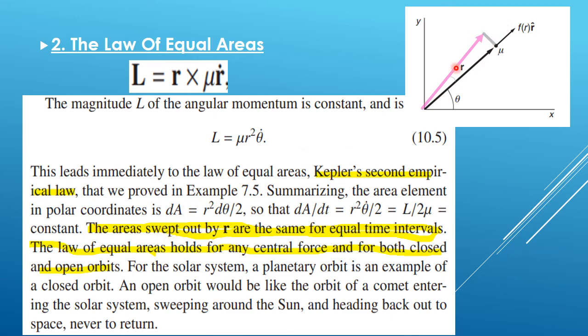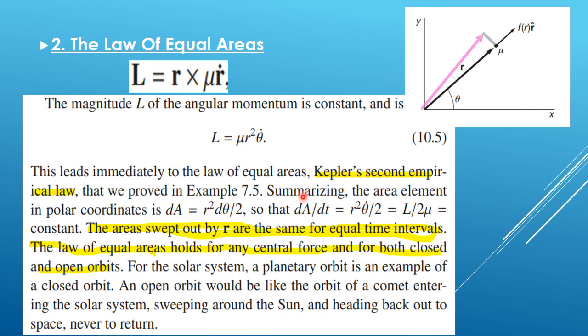It is approximately a triangle, so it is half base into height. The height will be r, and the base will be r d theta. When we substitute that, you get half r square d theta as the area element in polar coordinates. So dA is equal to this area inside these two r.